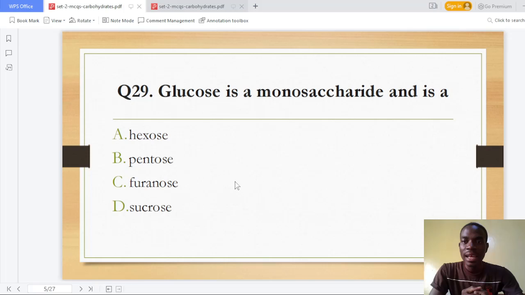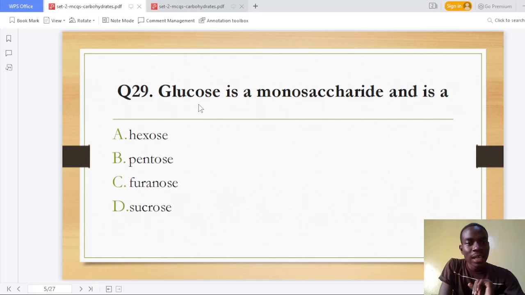Glucose is a monosaccharide and is A, hexose. The reason A is the best answer is because glucose has 6 carbon atoms, and those 6 carbon atoms are what qualifies it to be hexose. Hex means 6.